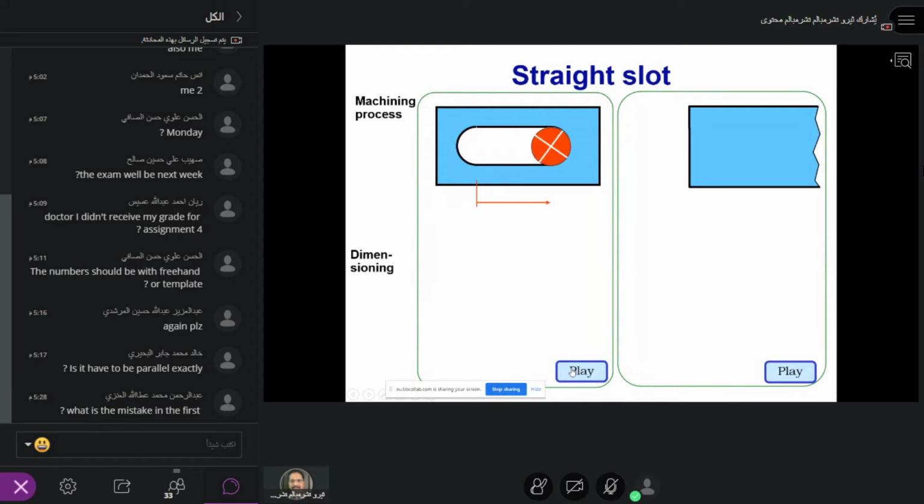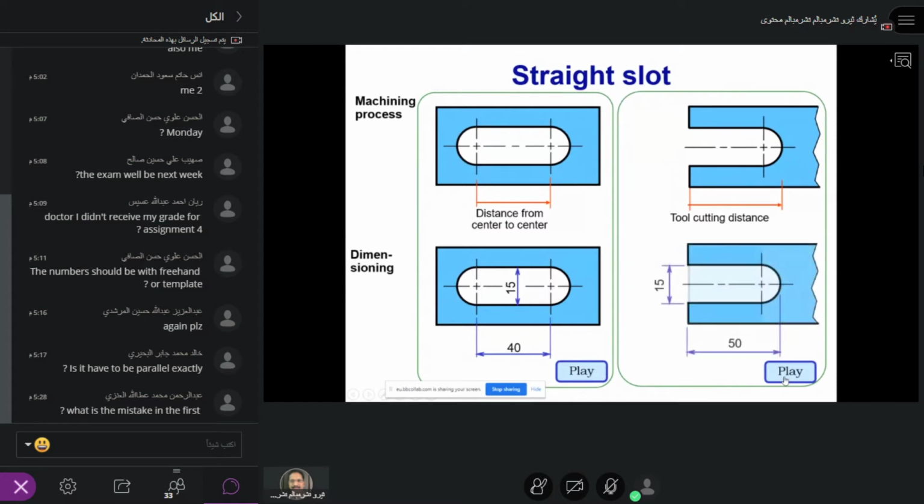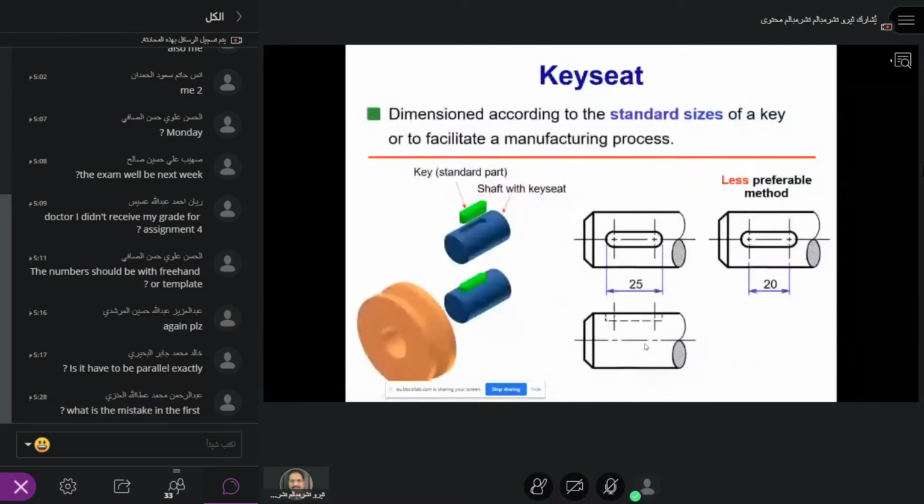Okay, the next one is an open slot. All right. Then keyseat, we are not using it much at this level, but we also want you to know this.